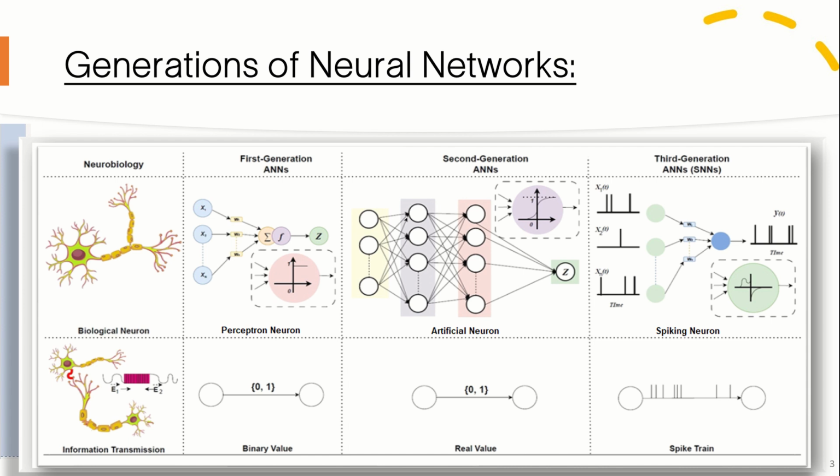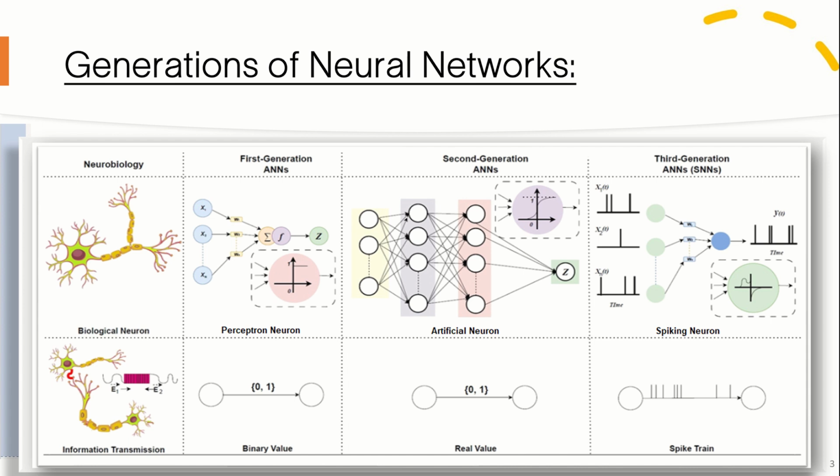But these two generations of neural networks were inspired by the human brain, and how the human brain is capable of doing such complicated tasks as recognizing objects, decision making, and so on. But then, as we know, currently large language models are consuming a lot of computational power, which comes at the expense of energy, right?